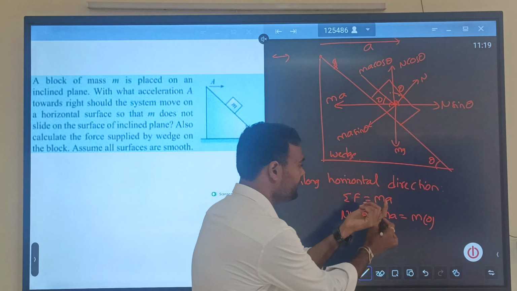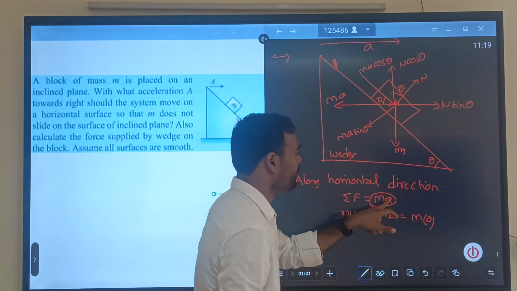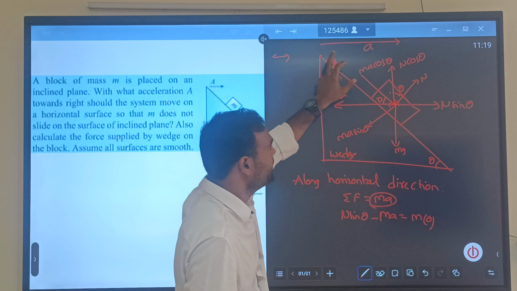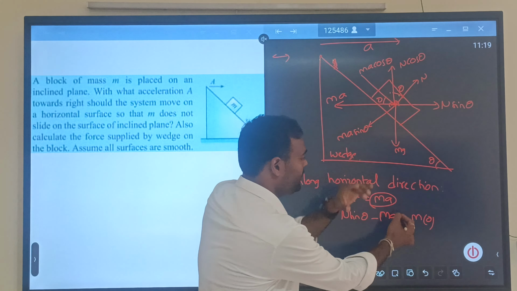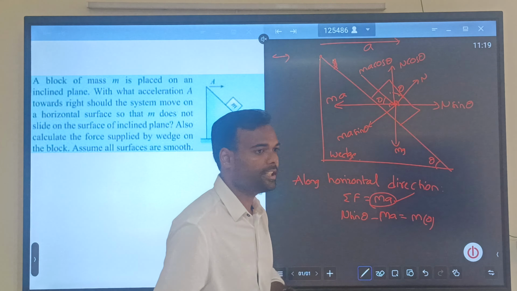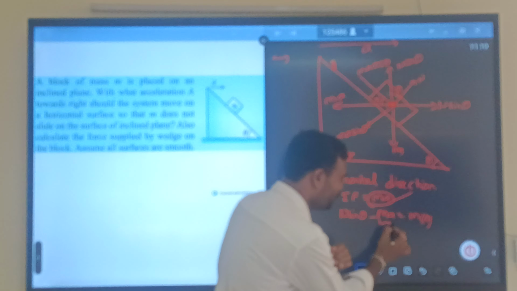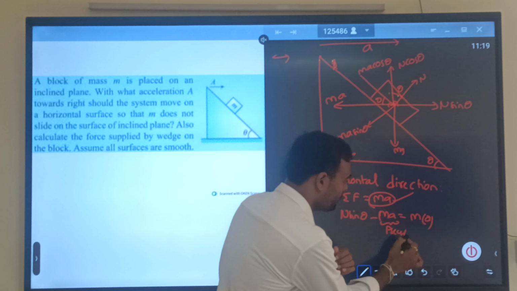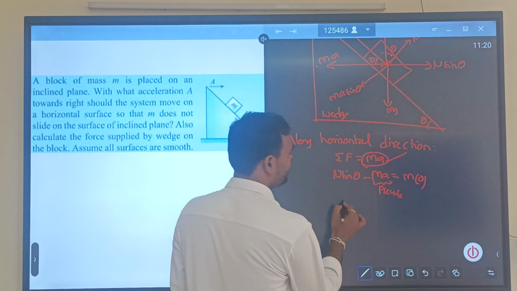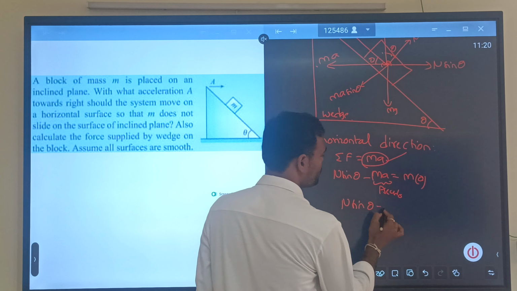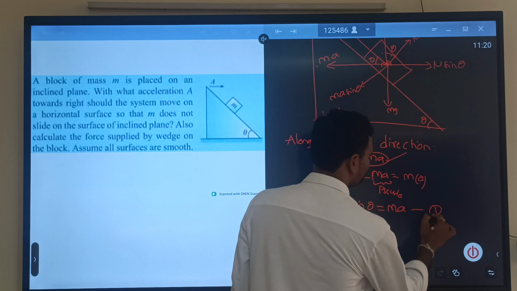This is the acceleration of the block with respect to the observer, and with respect to this observer, the block has to be at rest. That's why I am representing the acceleration as 0. But this is the pseudo force, which is this one. Clear? Then N sin theta is equal to ma. Let it be equation number 1.